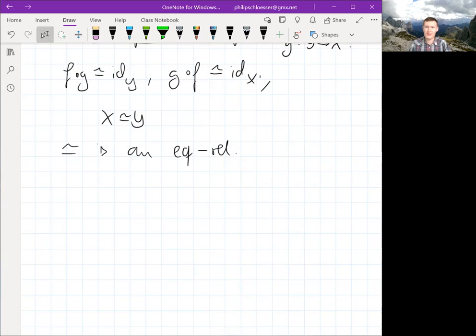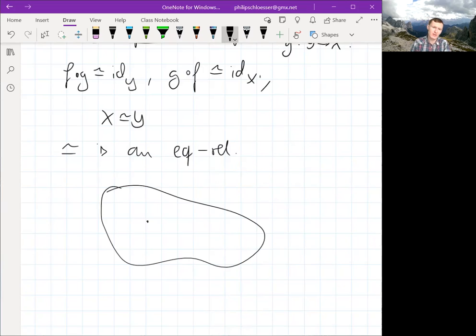I guess I drew some nice examples. If you have some space that has some hole, and you look at curves, so at maps from the closed interval 0, 1 into that space X, then you can draw, for example, a curve like this and a curve like this, and ask, are they homotopic?